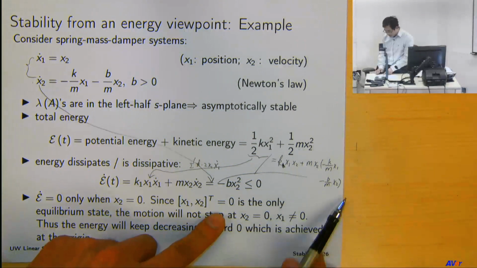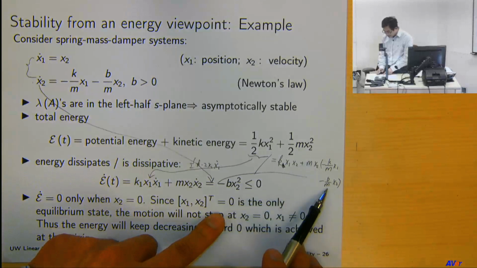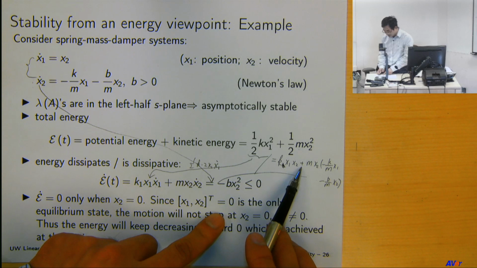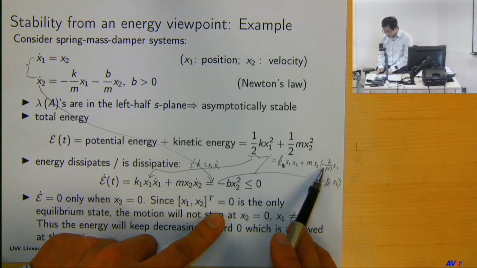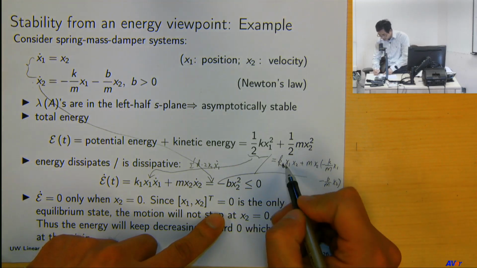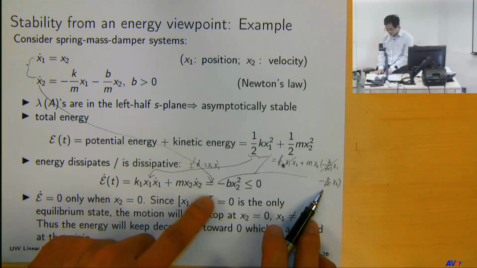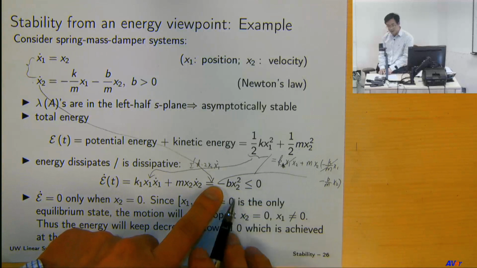And then you can see m cancels out. And then you have k x1 x2 plus minus k x1 x2, so this term is also going to cancel out. And the only thing that remains is negative b times x2 squared.